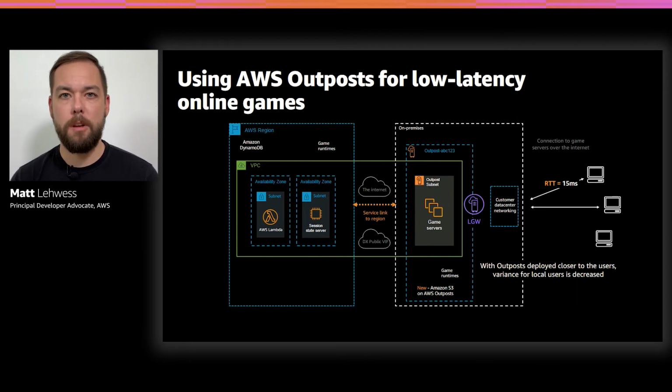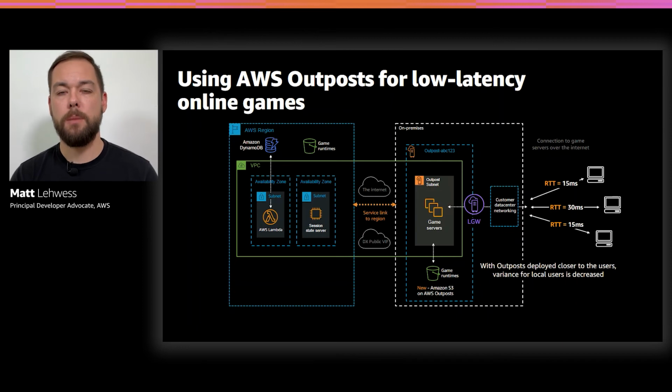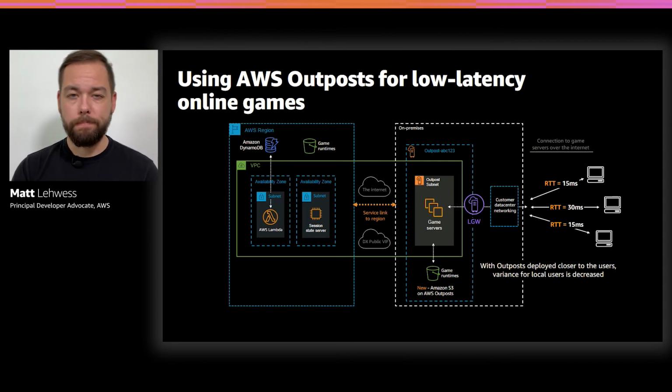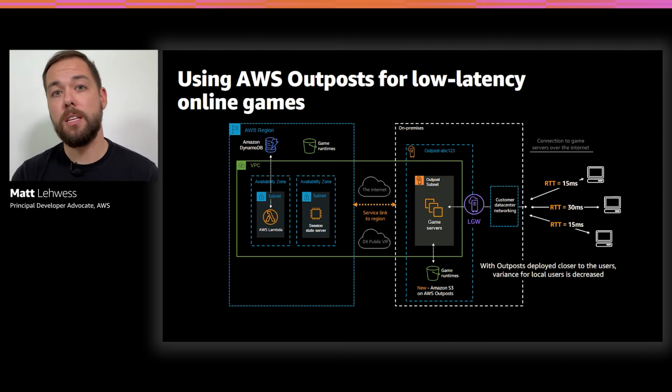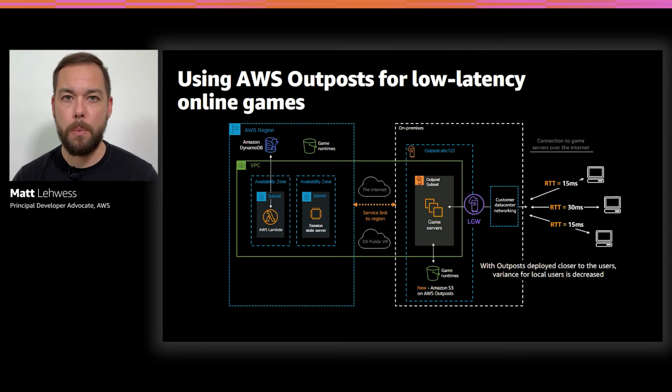We've extended the VPC from the region to the outpost, and we're running things inside the outpost inside that same VPC. We're still using things like DynamoDB and game runtimes and all that kind of stuff in the region. But now we've actually got S3 inside the outpost that is locally caching game runtime, so you've got better performance when you're spinning up your game servers and that sort of thing.